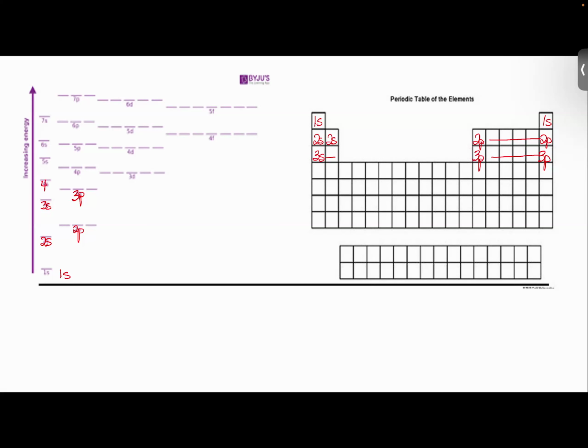The next thing in energy is the 4s. That is why potassium and calcium are listed on the periodic table in this particular order. After that, we get to the 3Ds, and that is where you get scandium through zinc.